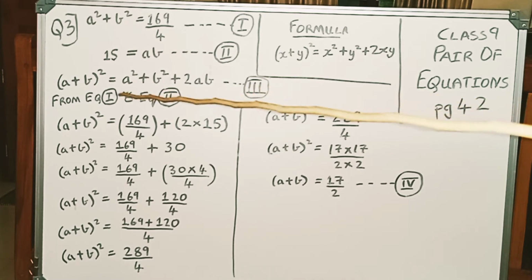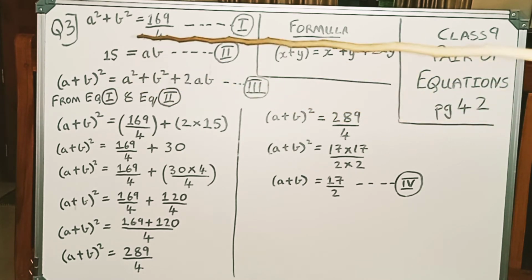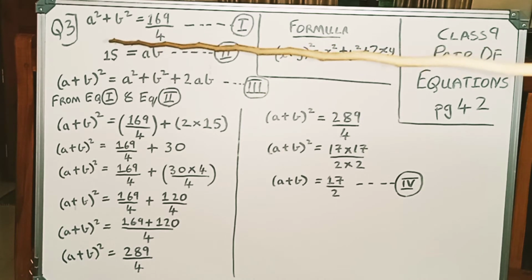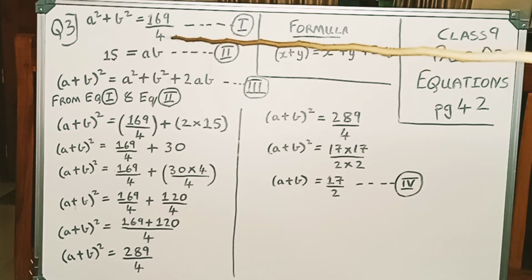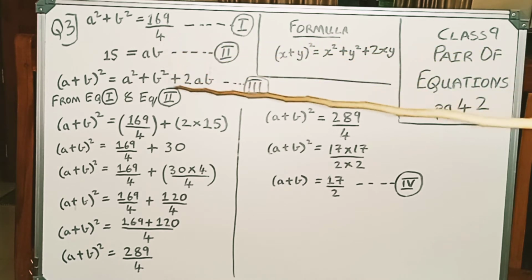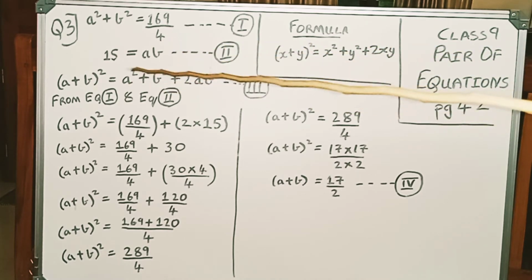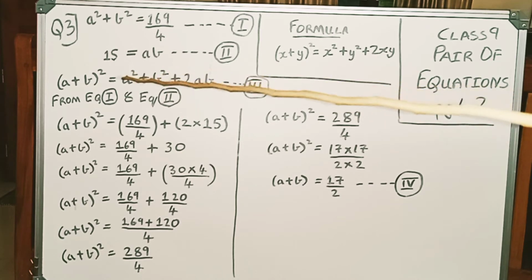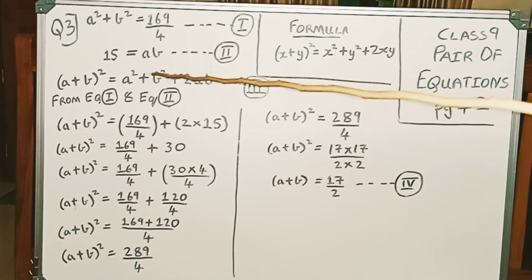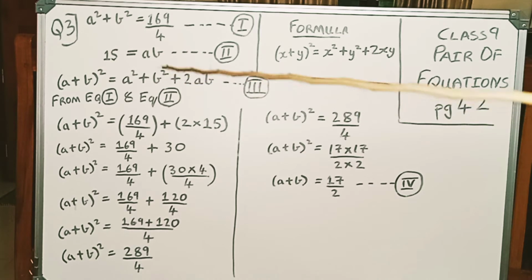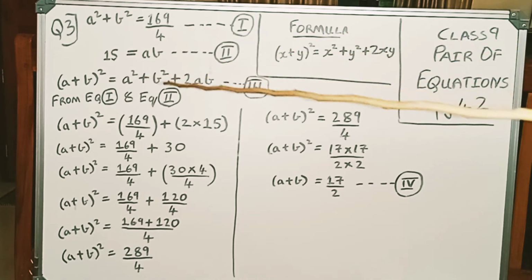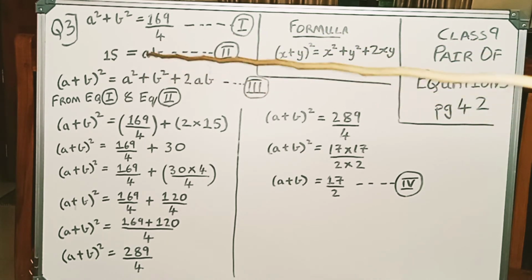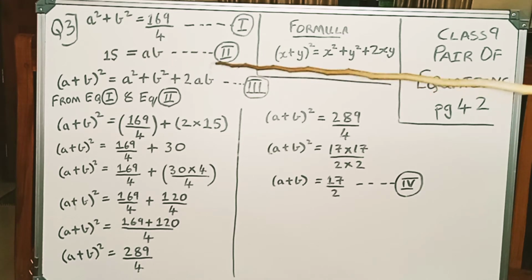If you can see carefully, over here a square plus b square, you already know it is 169 divided by 4. This is in the form of a square plus b square from equation number 1, and this ab you can see is from equation 2.